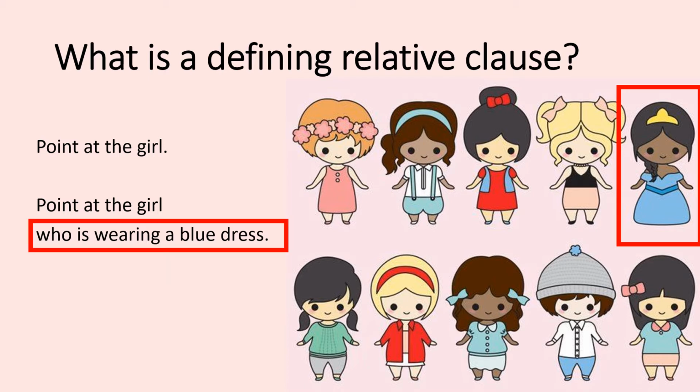This part of the sentence is called the defining relative clause. Defining relative clauses tell you which person or thing the speaker is talking about. In our case, the speaker is talking about this girl with a blue dress.